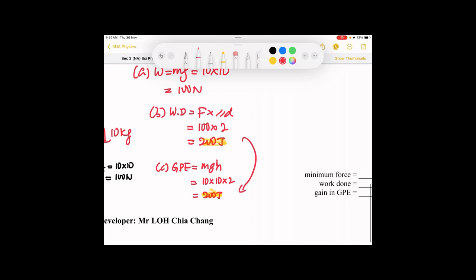This tells us that the force has transferred 200 joules of energy to the object, which is stored in the GP store, gravitational potential store.